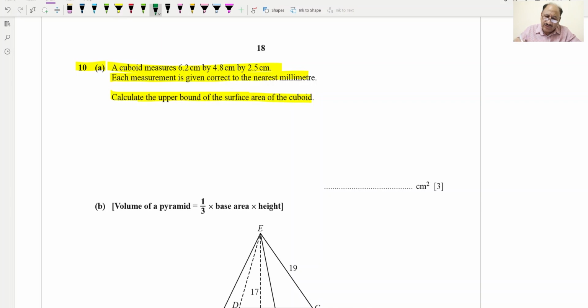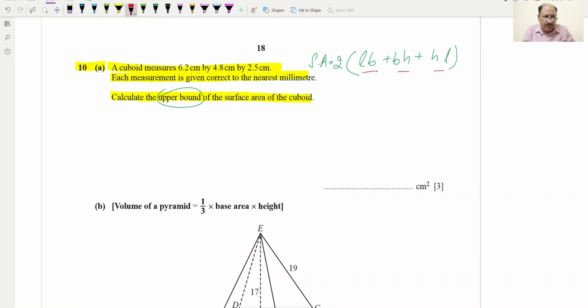The formula for the surface area of a cuboid is what? Surface area is equal to 2 into L into B plus B into H plus H into L. So this will be the formula. We will be replacing values, and we require the upper bound. So for the upper bound, we will be taking upper bound values for all.